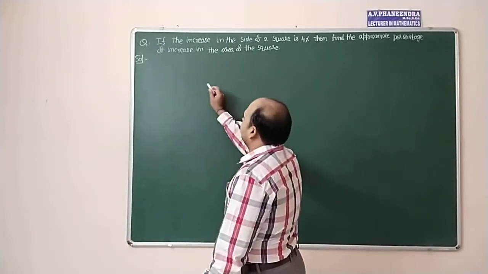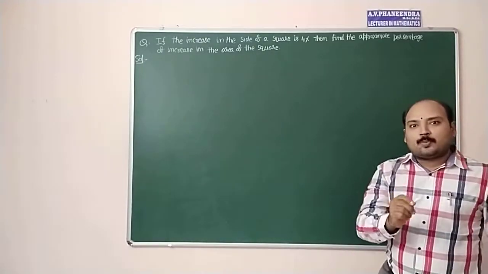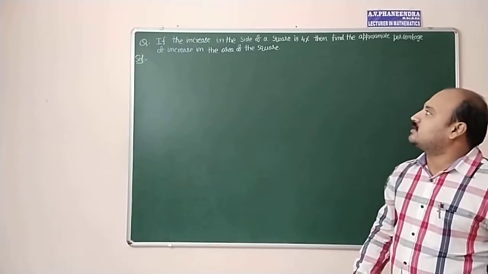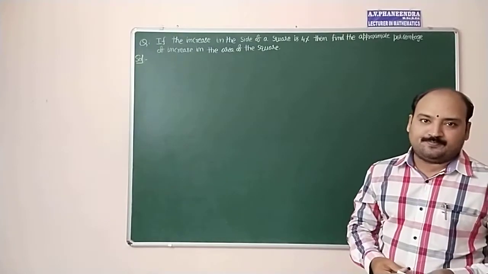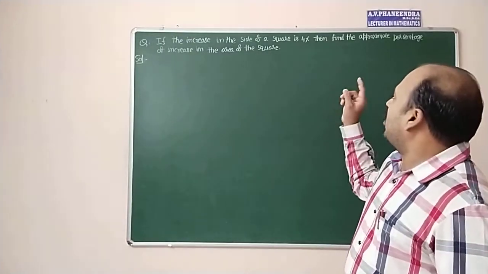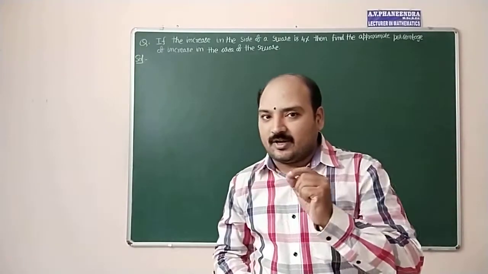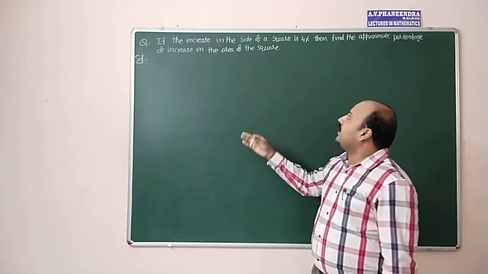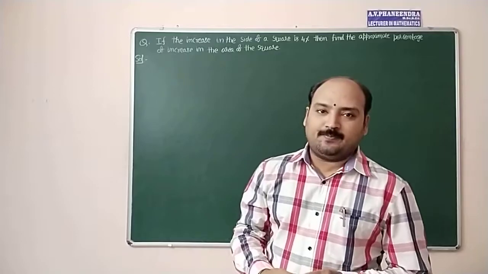So first question: if the increase in the side of a square is 4%, then find the approximate percentage of increase in the area of the square. Here 4% increase in the side of the square is given. They are asking to calculate the percentage increase in the area of the square.